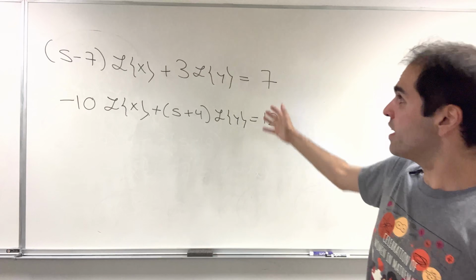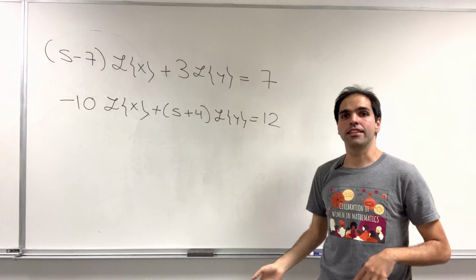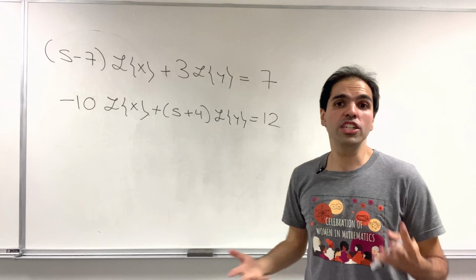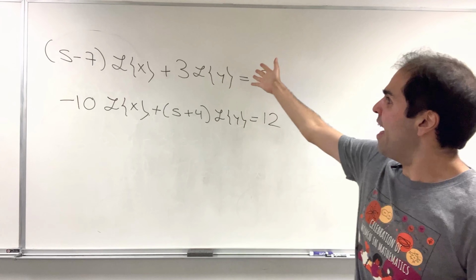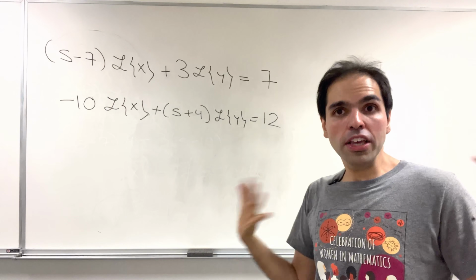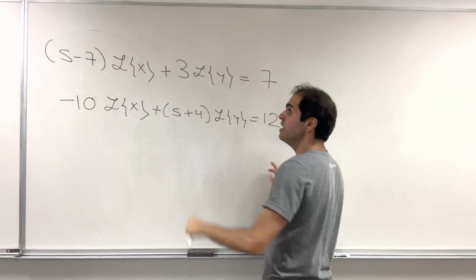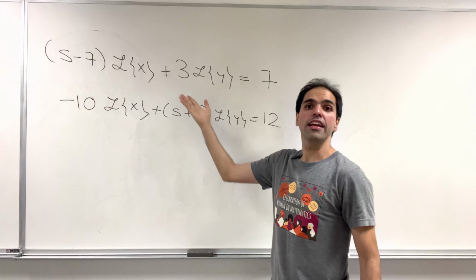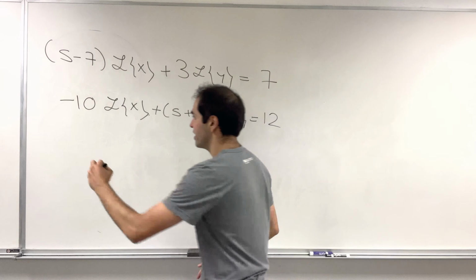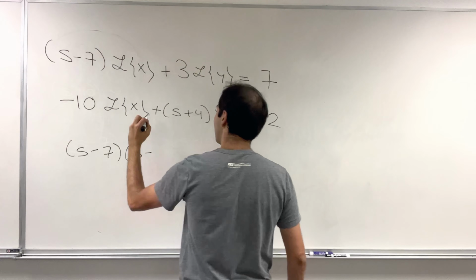So what we get is in fact a linear system with L of x and L of y after rearranging some of those terms. And the way we can solve it in this case is simply by using Cramer's rule. For the denominator, you just take the determinant of this matrix, which looks scary, but is not that bad after all.